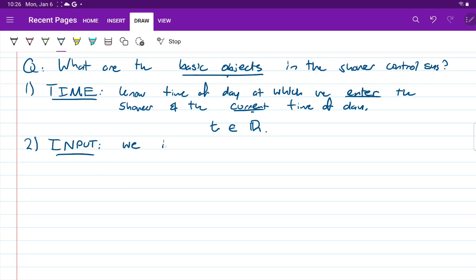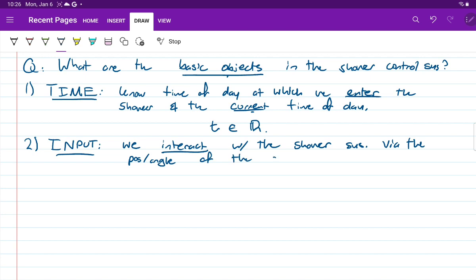So we interact with the shower system via the position or angle of the shower handle, right? So input values might be an angle, right? So let's call it an angle theta in R, okay?